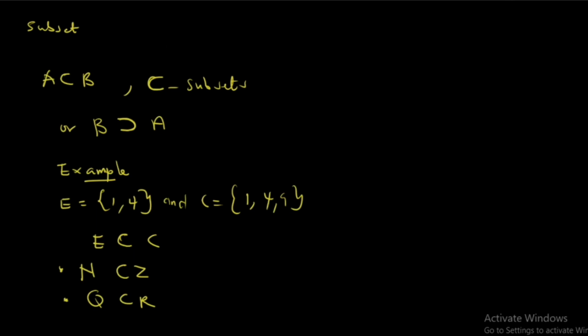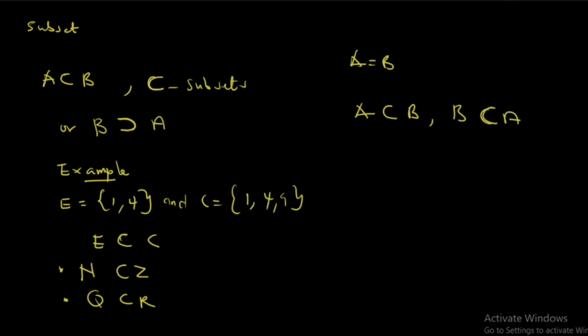Now let's move on. Two sets are equal if they have exact same elements. So A is equal to B if and only if A being a subset of B and B being a subset of A, then the condition holds.